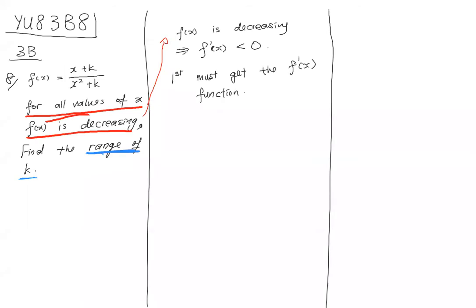So your f prime x function should involve k. Now we do f prime x using quotient rule. x squared plus k times u prime, minus u times v prime, the whole thing over v squared. Okay, so I simplified the top.